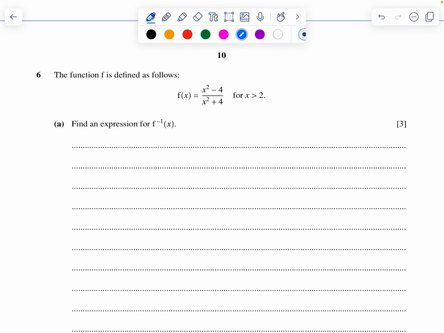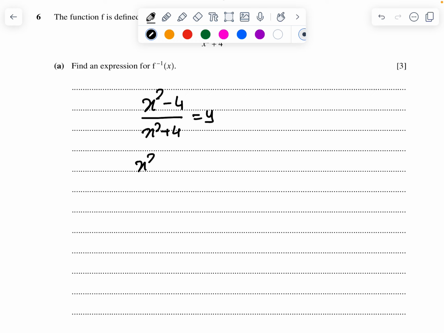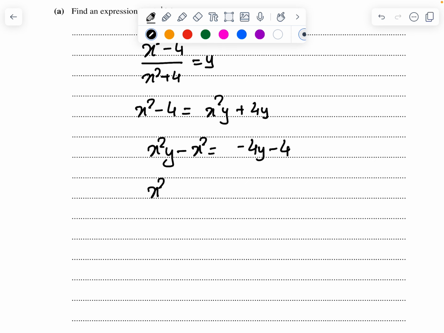Question number 6. The function is given, find f inverse of x. So (x² − 4)/(x² + 4) equals y. Cross multiplication: x² − 4 equals x²y + 4y. x²y − x² equals −4y − 4. So take x² common: x²(y − 1) equals −4(y + 1).